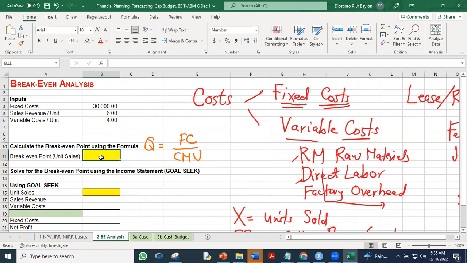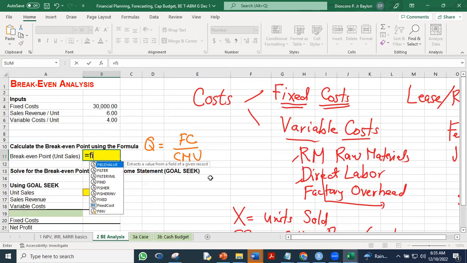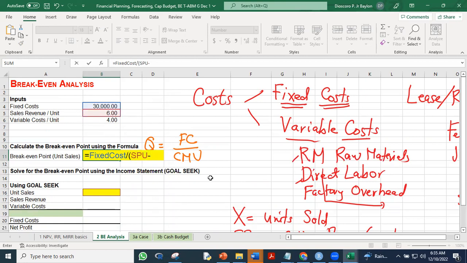All right. So in order to compute for the break-even point, it will be equal to the fixed cost, and then divided by your selling price per unit minus variable cost per unit there.